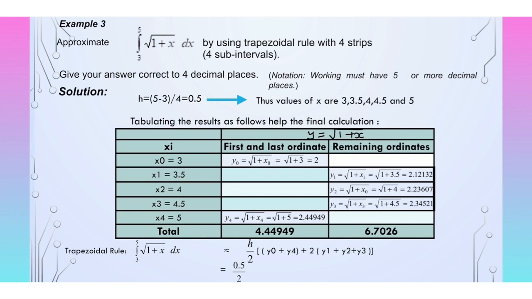And h just now is 0.5. Put it here, 0.5 over 2, and then times 4.44949 plus 2 times 6.70260. Then altogether we have 4.4637. This is 4 decimal places.